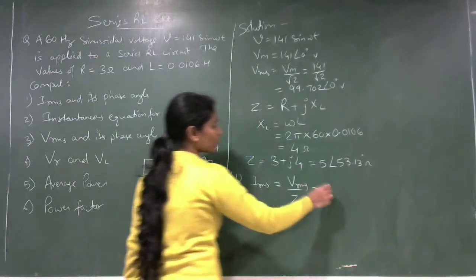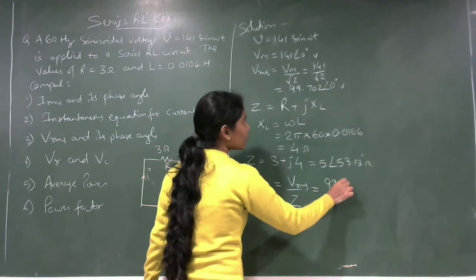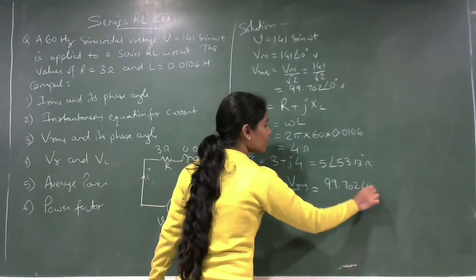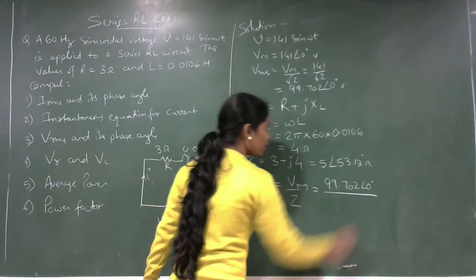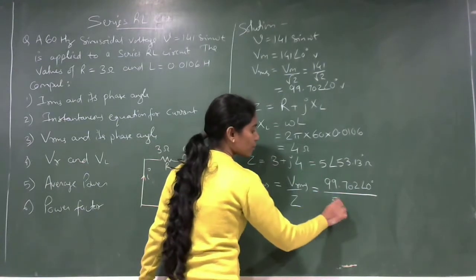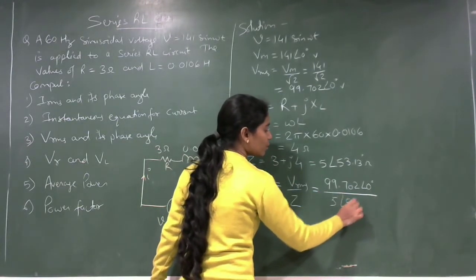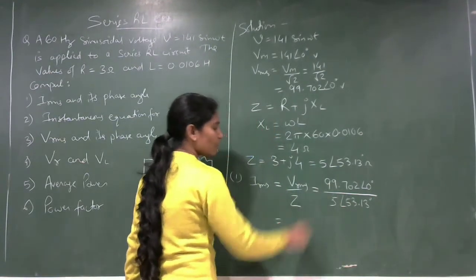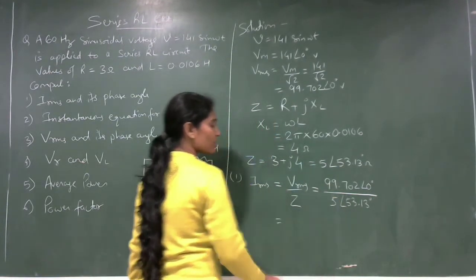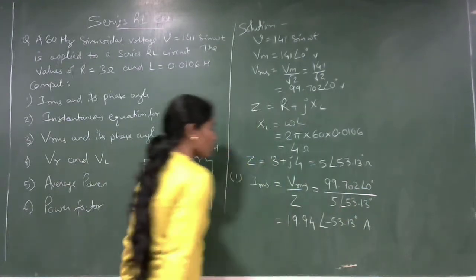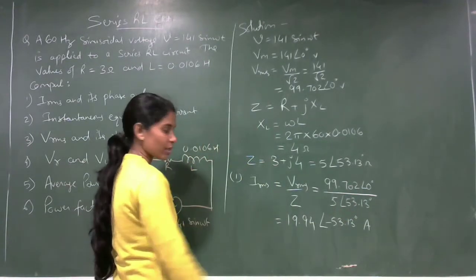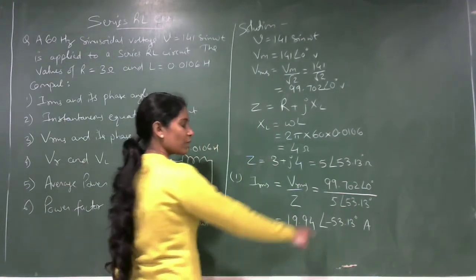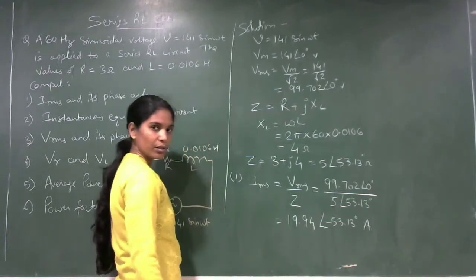That is 99.702 with angle 0 degree, divided by the impedance, which we got as 5 at an angle of 53.13 degree. So what is the value coming? This is the value I am getting for IRMS, that is 19.95 ampere with an angle of minus 53.13 degree.